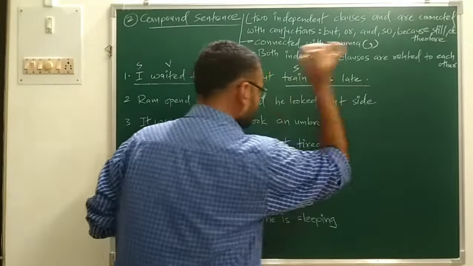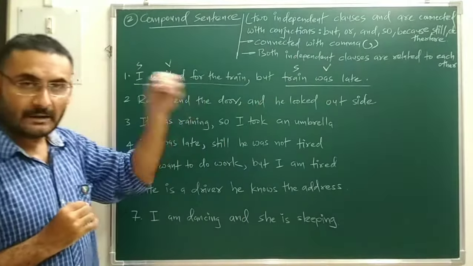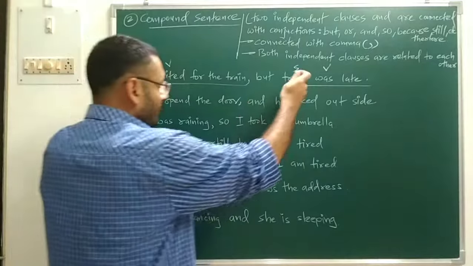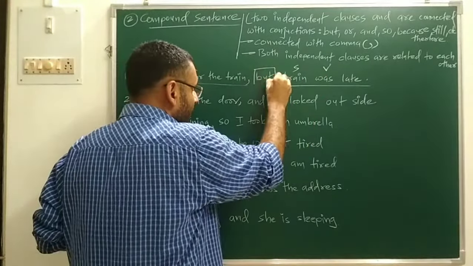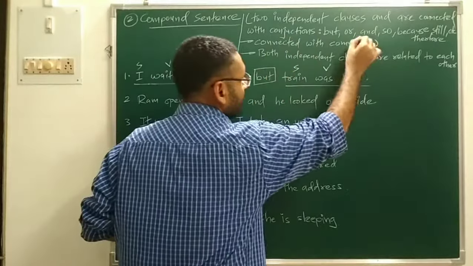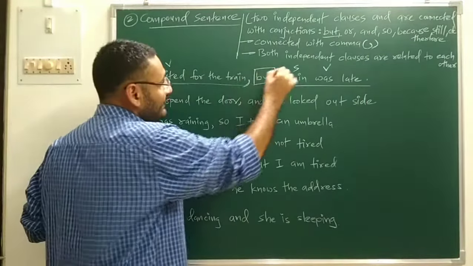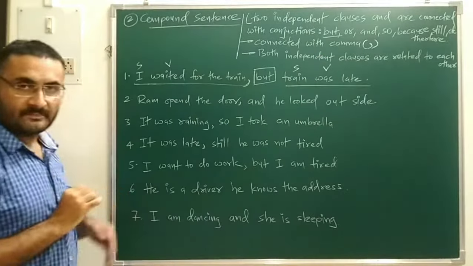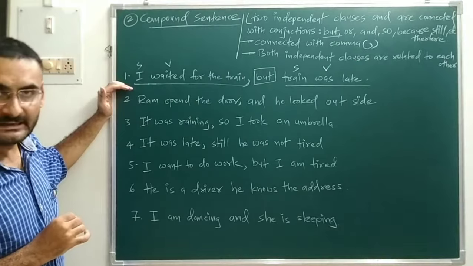So that is another independent clause. Both of the clauses give the complete thought, and both of the independent clauses are connected with one conjunction like but. And also one comma is present, connected with comma. That means now we can say the given sentence is a compound sentence.